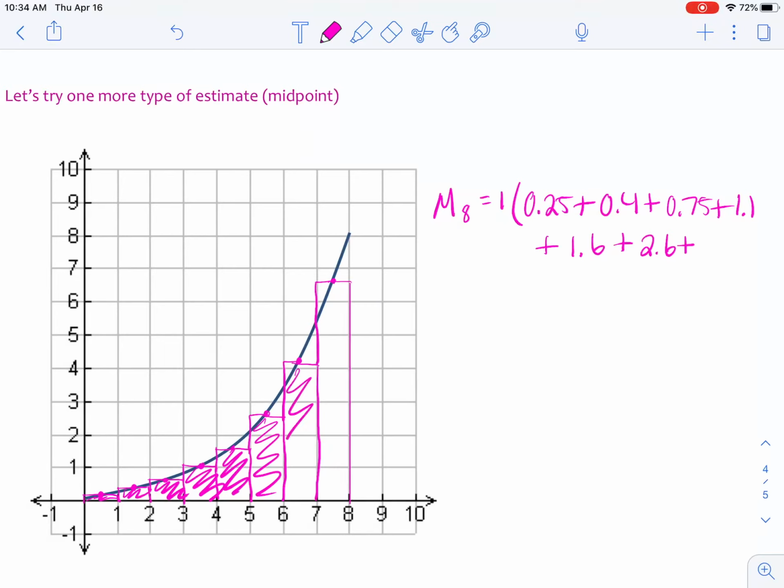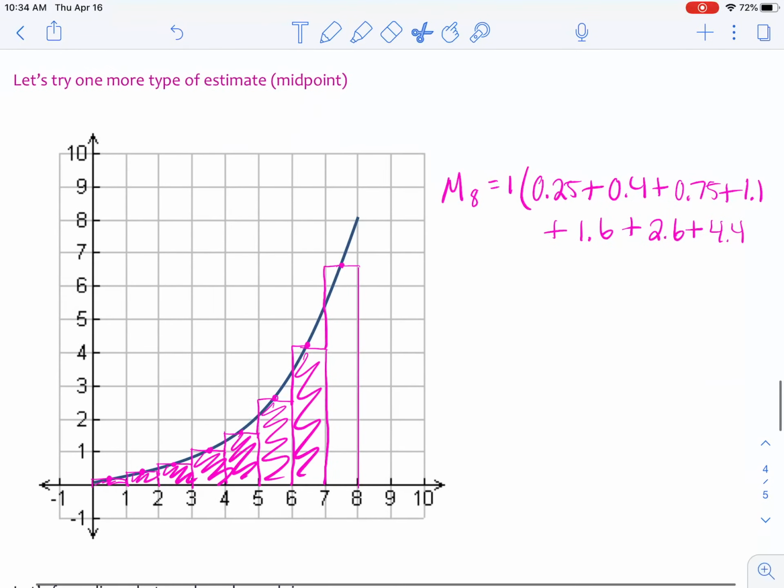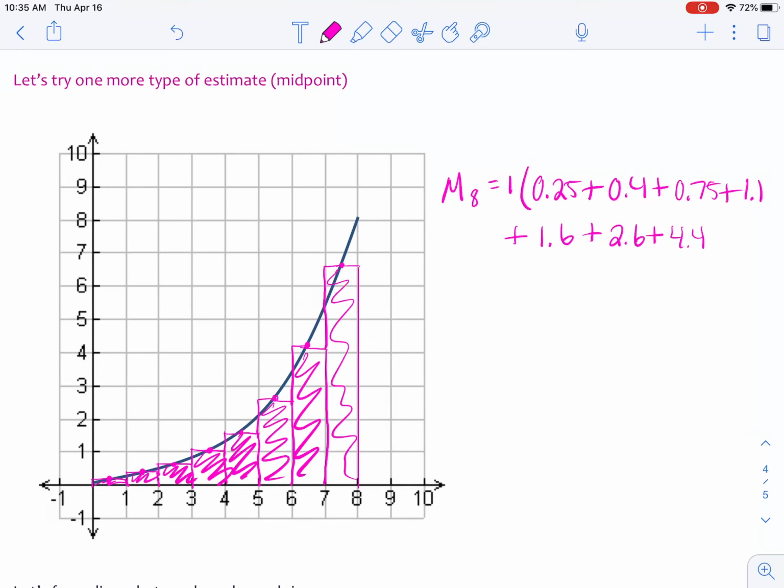Next rectangle has about 2.6 height. And then we've got about 4.4 as our height. And the last rectangle has a height of about 6.6. So if we put that in our calculator, 17.7 square units.